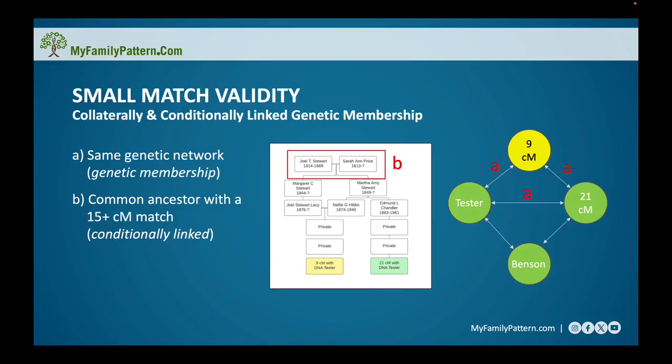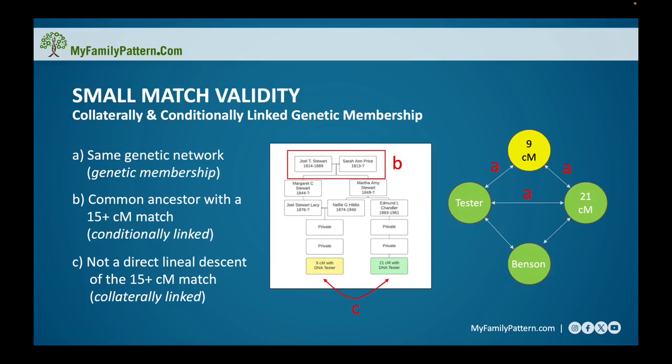It does share a common ancestor with a match that is genetically useful, so one with a larger 15 centimorgan or greater match. It's obviously part of that 21 centimorgan match, and it shares a common ancestor with Joel and Sarah Ann Price.